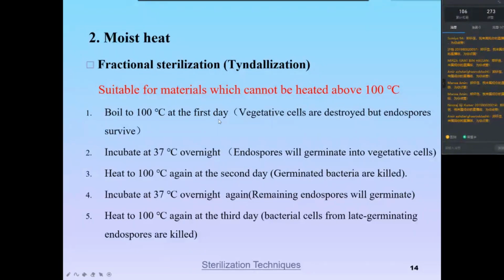This boiling can increase the temperature to 100 degrees, and this will kill all the vegetative cells. But the endospores will survive when you boil it.